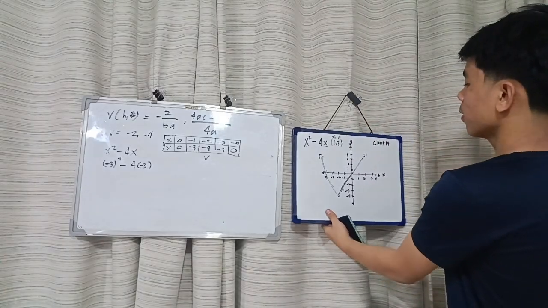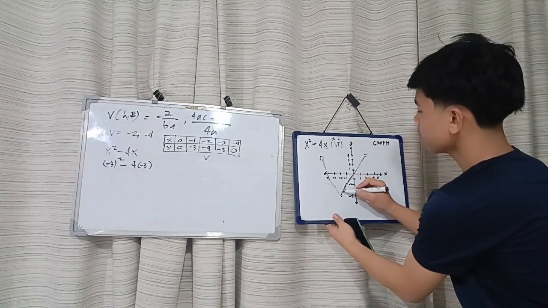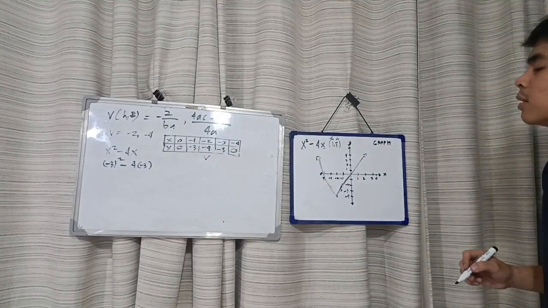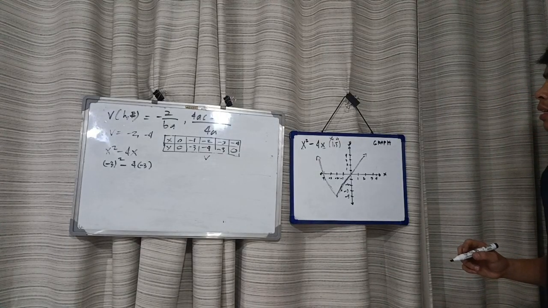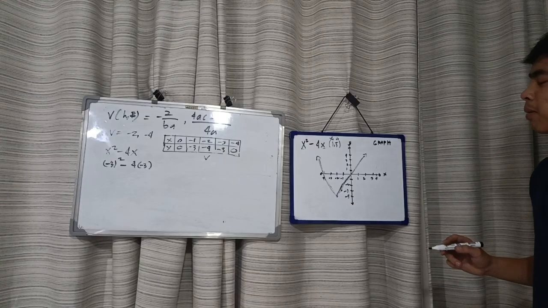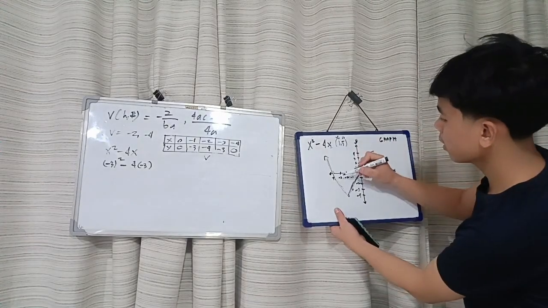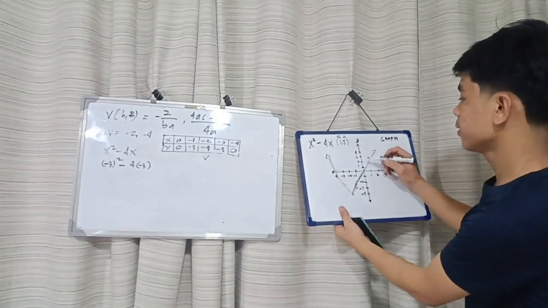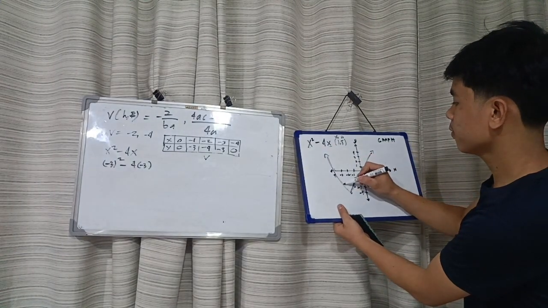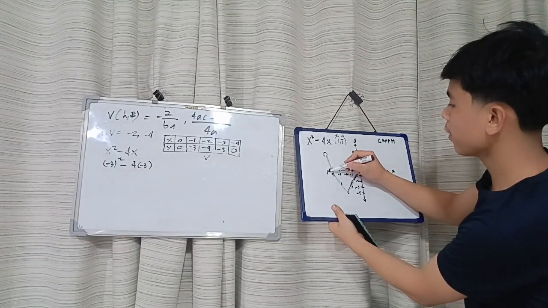So for now, we have our graph. Your tangent line is the line that touches the curve at one place. So your tangent line will be here.